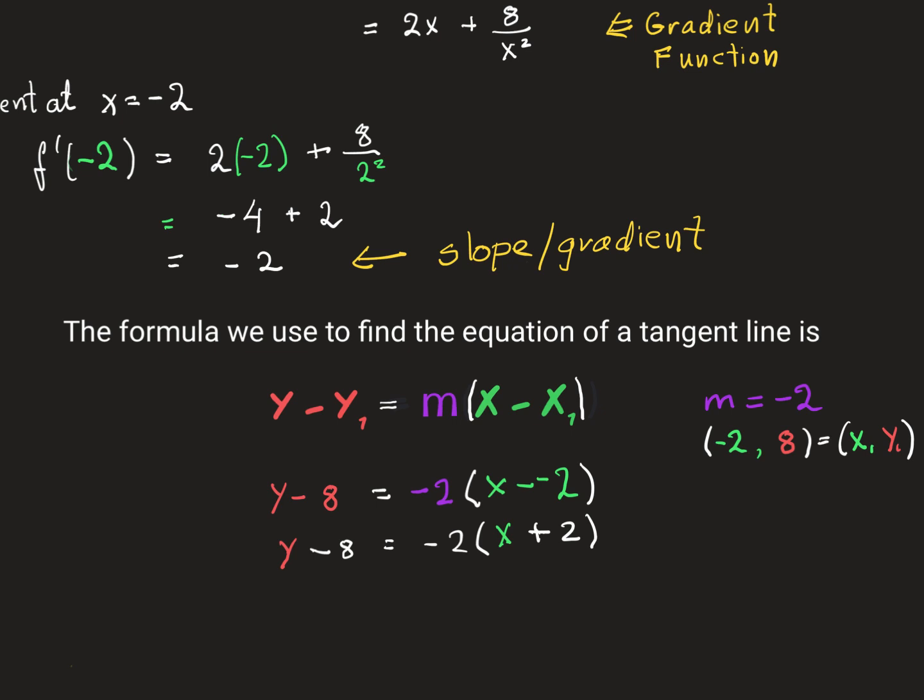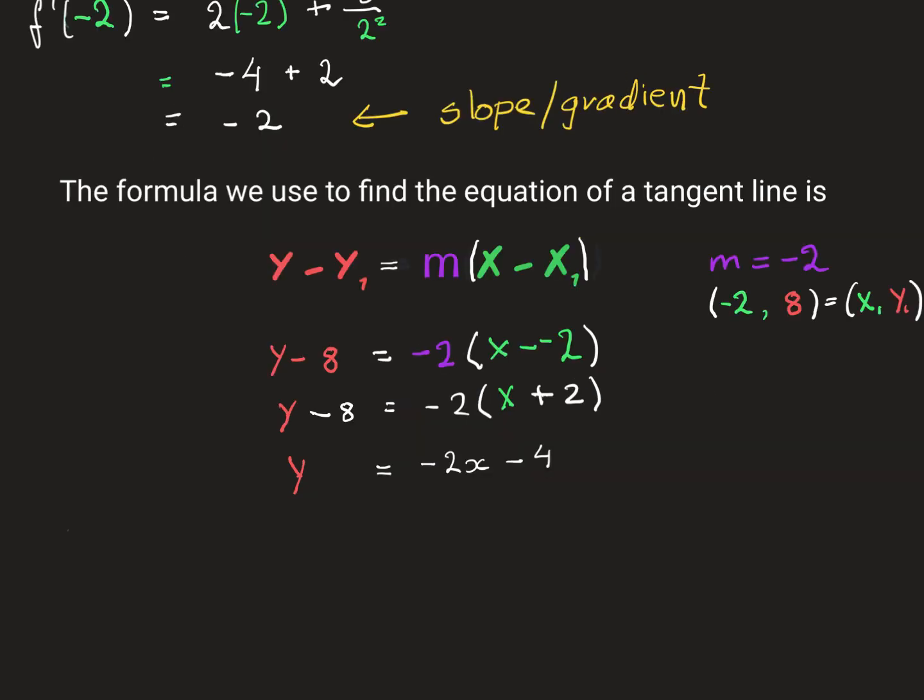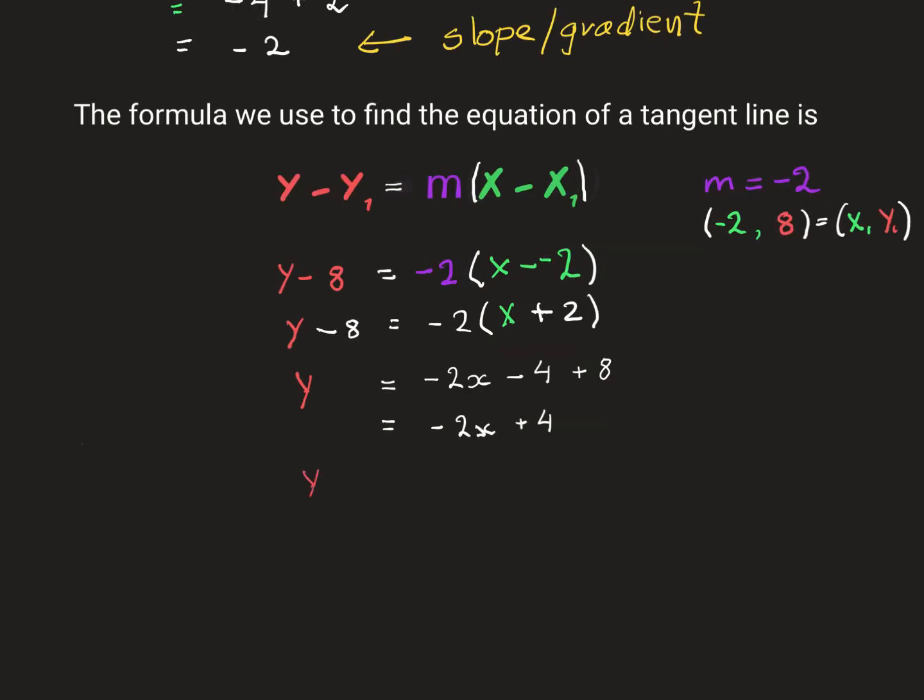And we can one more time rewrite this as y is equal to -2x minus 4, and then we'll add the 8 here. So that ends up being -2x plus 4. So y is equal to -2x plus 4.